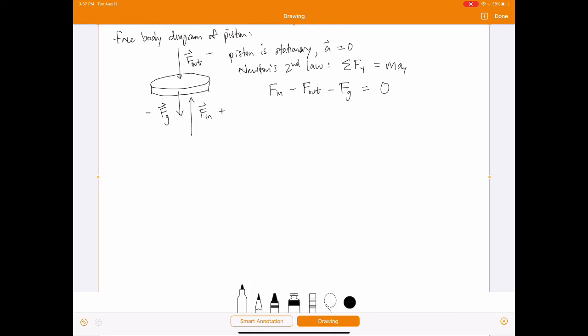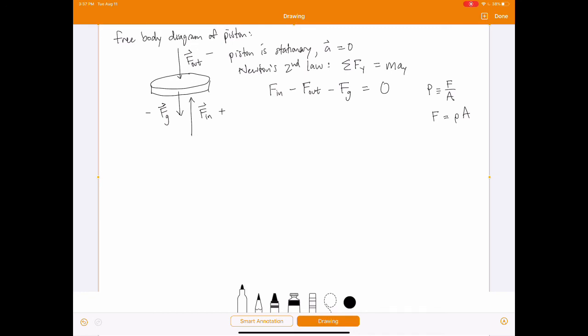Okay, so the next thing we'll do is remind ourselves what the definition of pressure is. Pressure is force per unit area, which means the force can be thought of as the pressure times the area. That's what we're going to use in the next step.